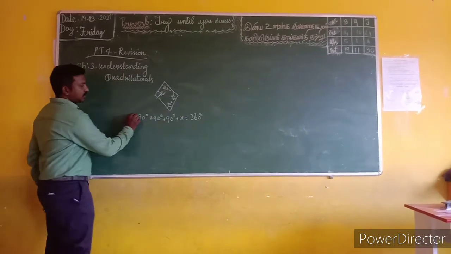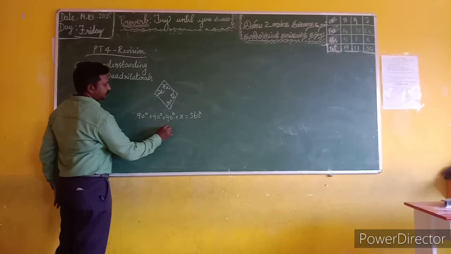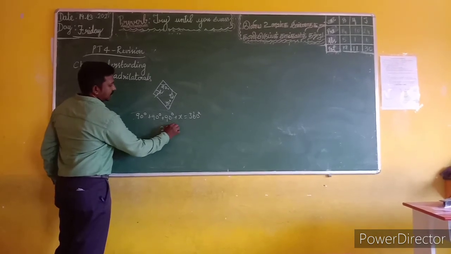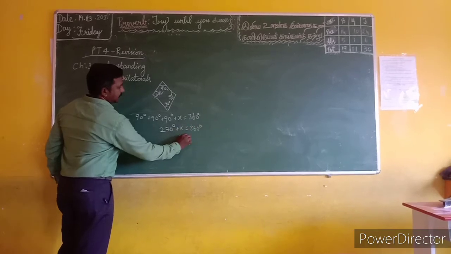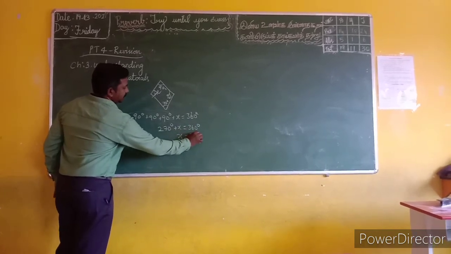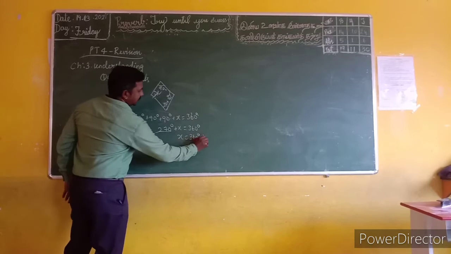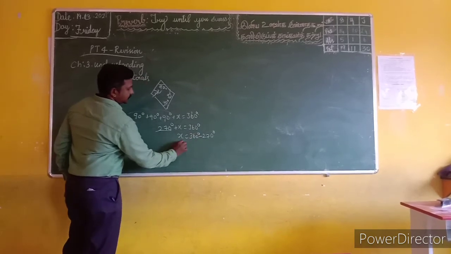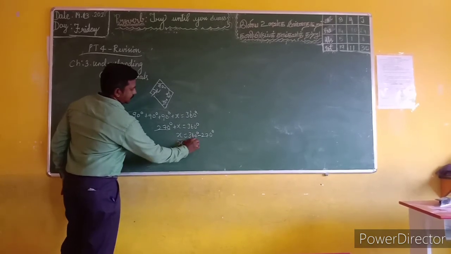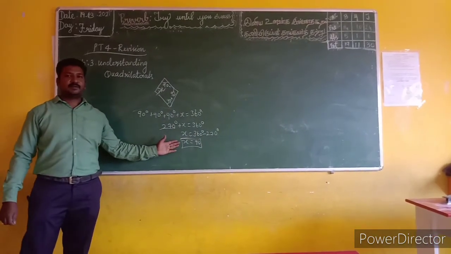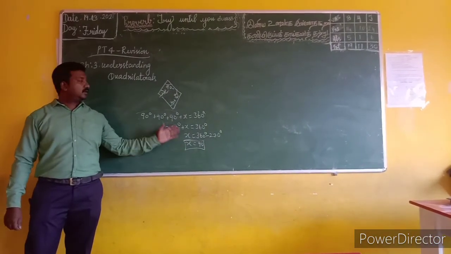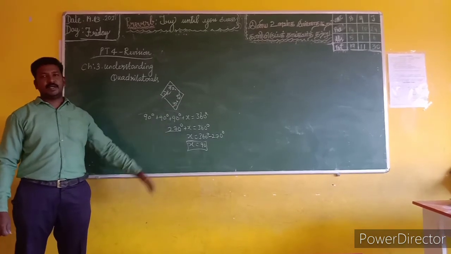So we add all the three, that is 270 degrees plus x is equal to 360. Then you can transpose: 360 minus 270. So we find the value of x. Likewise we have to find the value of the unknown values.